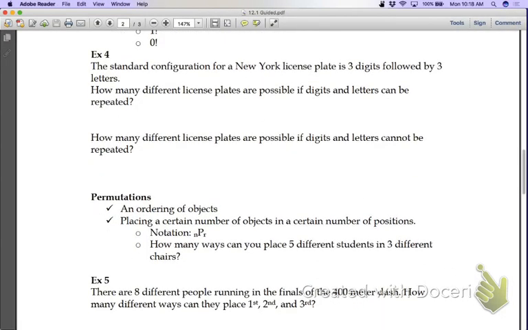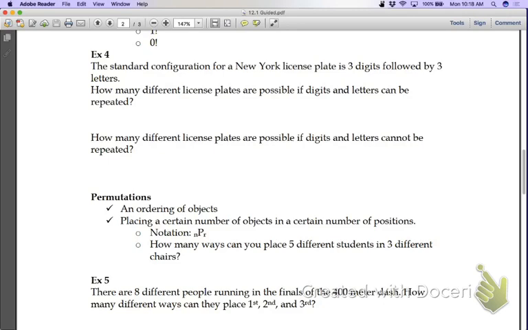So then here on 4 it says the standard configuration for a New York license plate is 3 digits followed by 3 letters. How many different license plates are possible if digits and letters can be repeated? So 3 digits, 3 letters. What's going to happen if it's just standard where everything can be repeated?